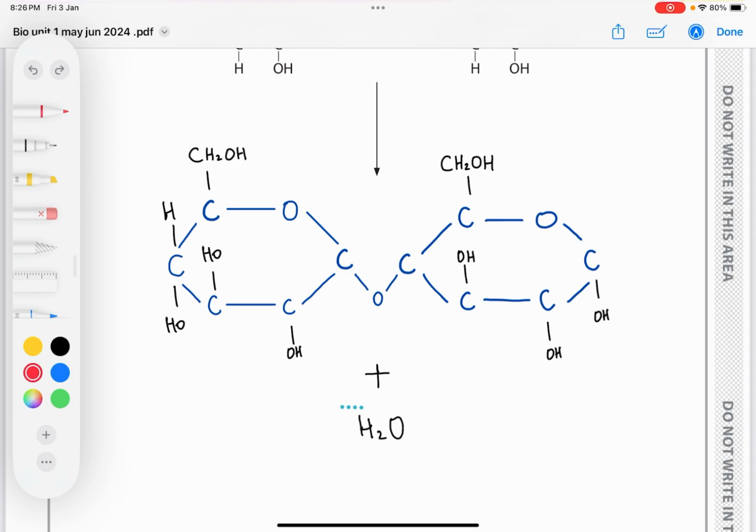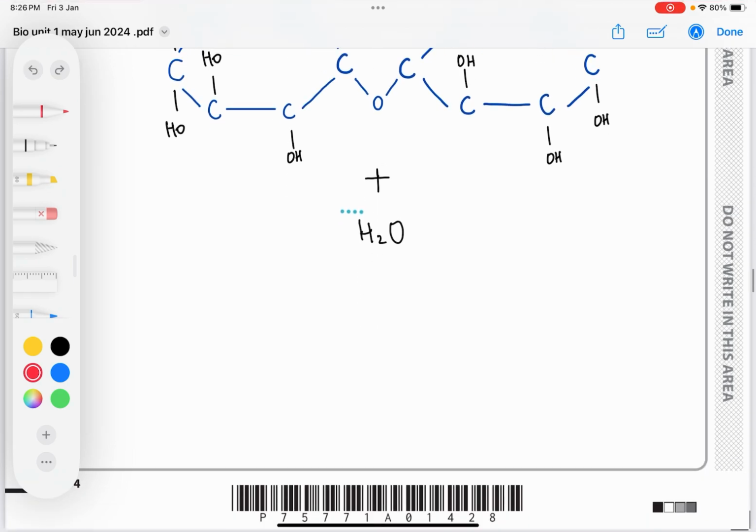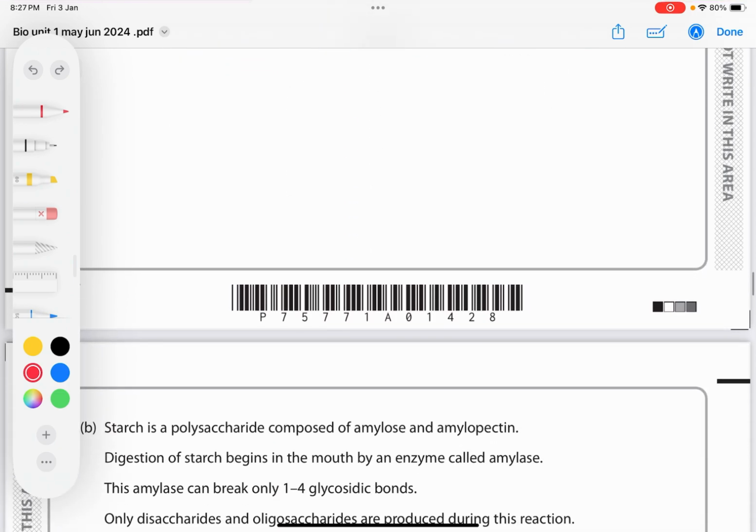For these kinds of questions, it's important to not only remember your alpha and beta glucose molecules, but also the bonds which are created between 2 of them, and you need to practice how to draw the diagrams. It's very simple and easy. Just practice it a little bit. Take a few minutes to keep drawing it again and again, and you'll remember it, and it'll be really easy and simple.